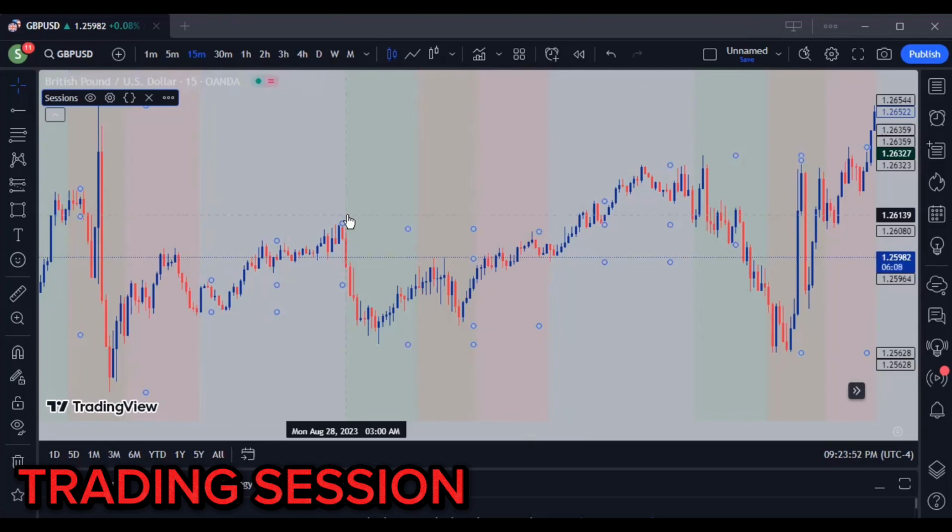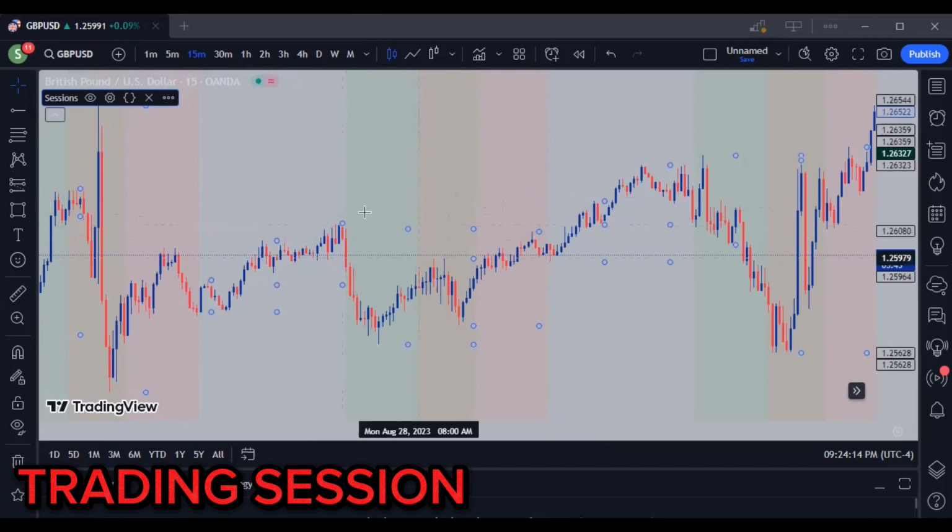And from that 3 a.m. to 12 a.m. New York time, and New York starts from 8 a.m. New York time to 5 p.m. So that's why you see this center part colored like this. This is the overlap of both London and New York time at the same time. So that's the way it works.